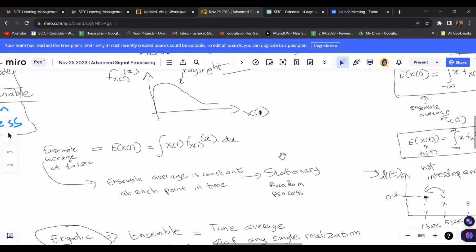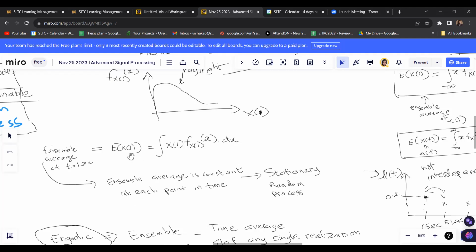In that definition of the ensemble average, we also discussed another point, which is that the ensemble average can be constant. If in a certain random process we observe that the ensemble average is constant at each point in time, we call such a process a stationary random process, right? So the ensemble average, or this E[X1], is equal at each time instance.